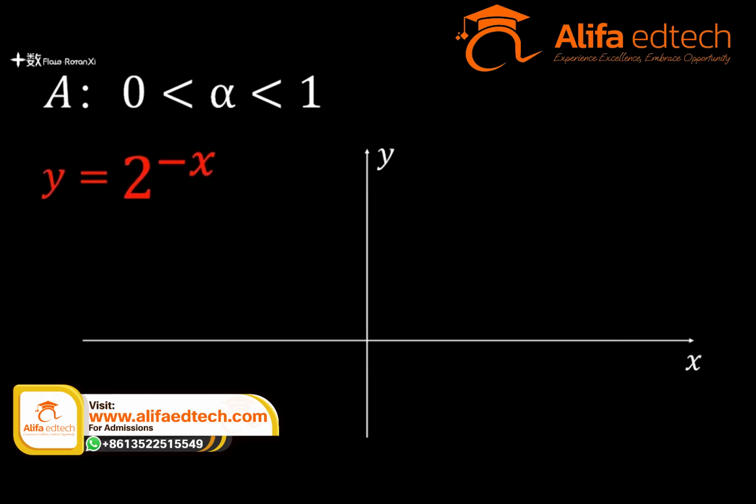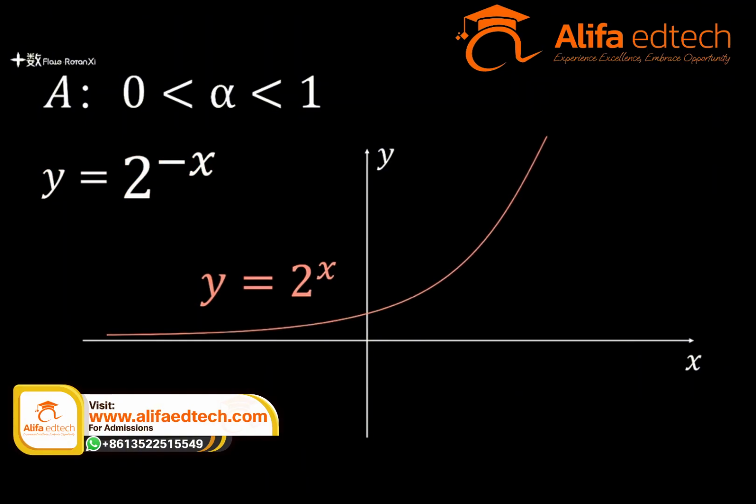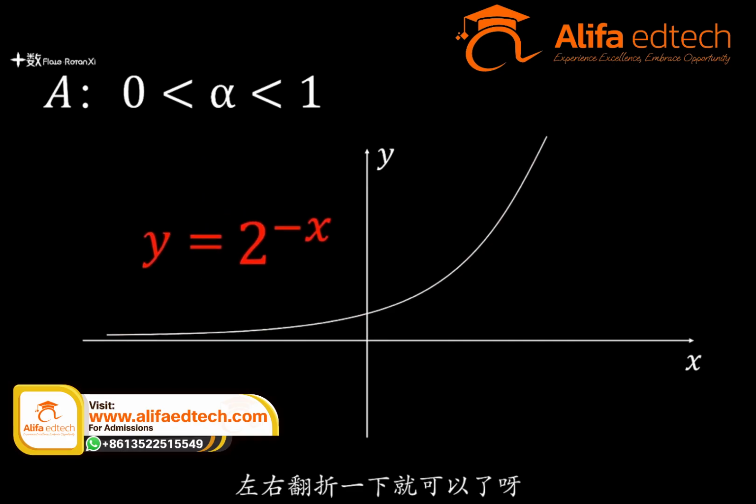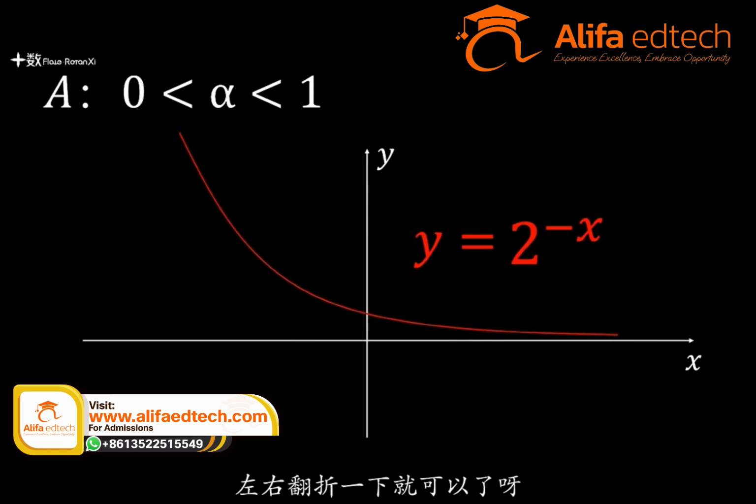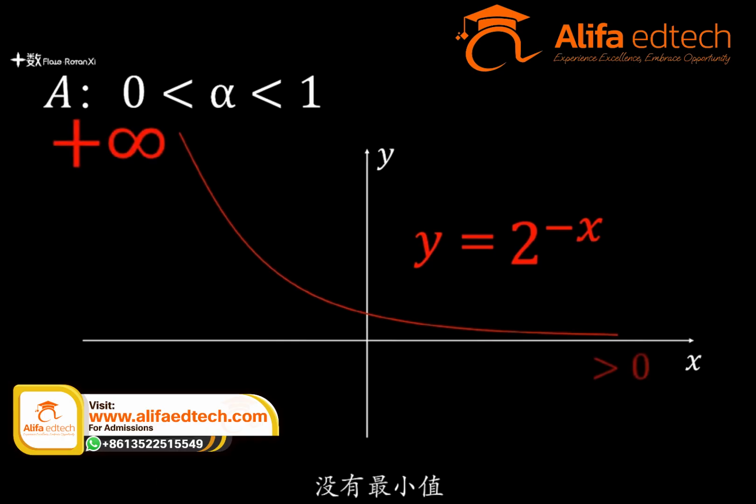Think about it. We just learned that y equals 2 to the power of x looks like this. So 2 to the power of negative x, isn't it just reflected across the y-axis? All properties are reversed, monotonically decreasing, no upper bound, no minimum value, but approaching 0 asymptotically.